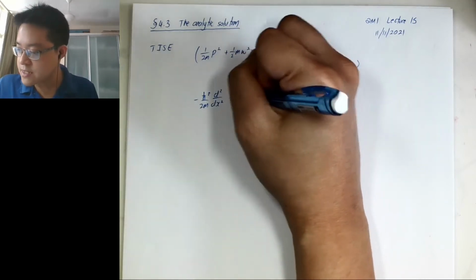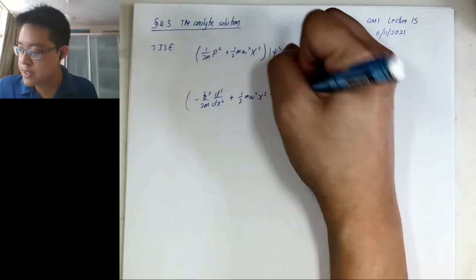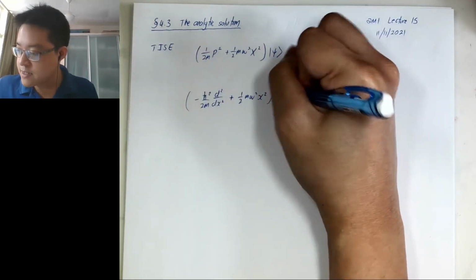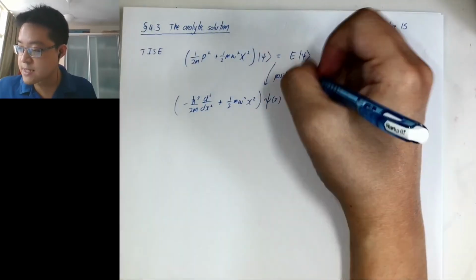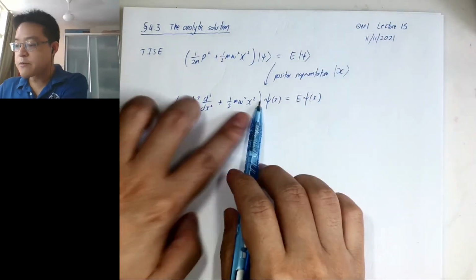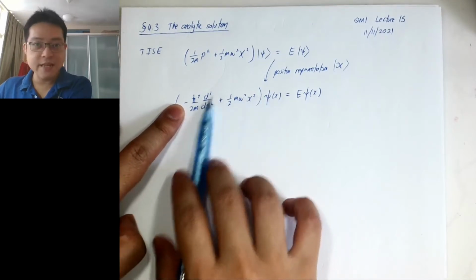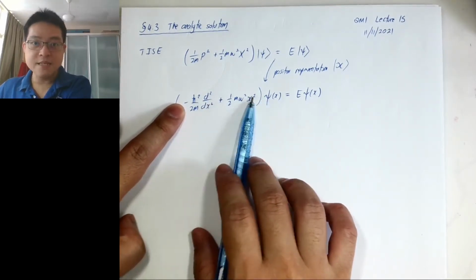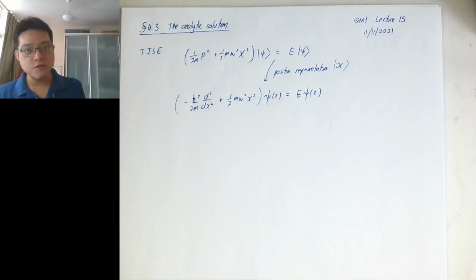Then this one is just half m omega squared, where the operator x just changes to the variable x. This is acting on the eigenfunction psi of x, and this gives me the energy E times psi of x. Okay, so I write the bracket here. It means this can multiply inside, so it's the second derivative of psi times this thing, plus this thing times psi, equals this. So we got a differential equation to solve.